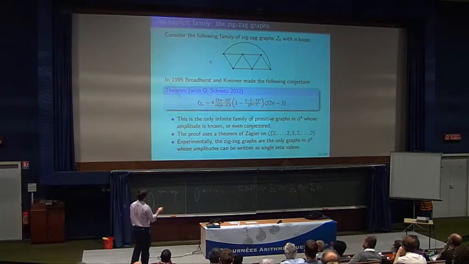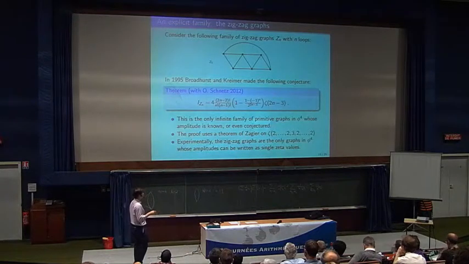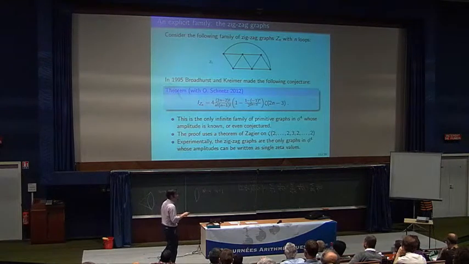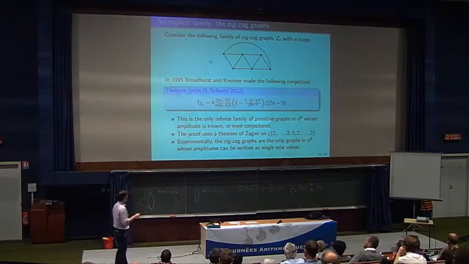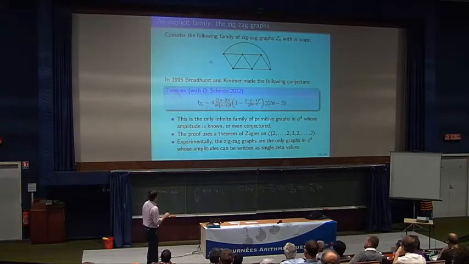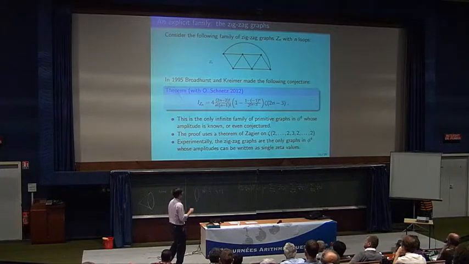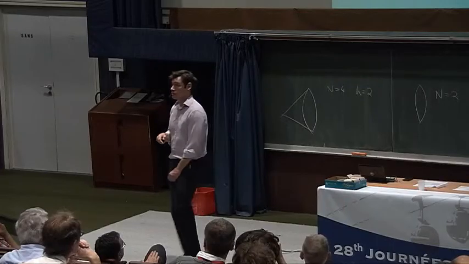Now the comment is that this is in fact the only infinite family of primitive graphs in phi to 4 theory, the theory we're looking at, or in fact in any quantum field theory, whose amplitude has been proved or has even been conjectured. So there is no other family of graphs for which it's even possible to guess what the amplitude should be.